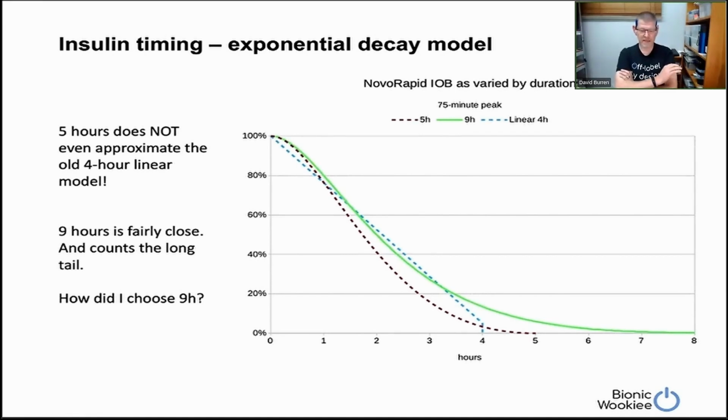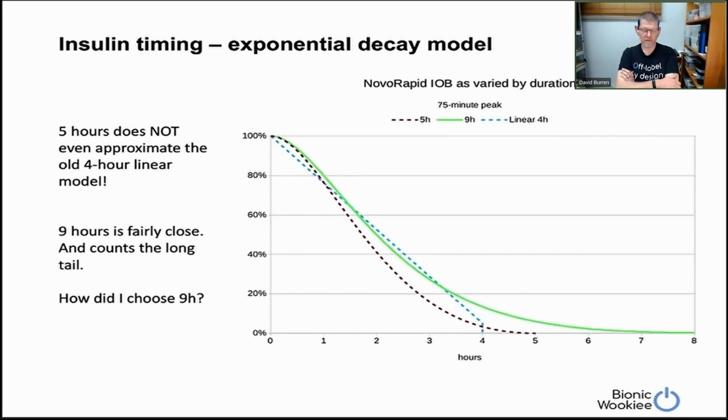But it's a different formula, so it's not the same duration. If you feed 5 hours as the duration into Android APS, you'll get that brown dashed line. And the effect of that is that, for example, at 3 hours, it says there's a bit over half the amount of insulin still left that the other model says. At 5 hours, it says all of it's gone.